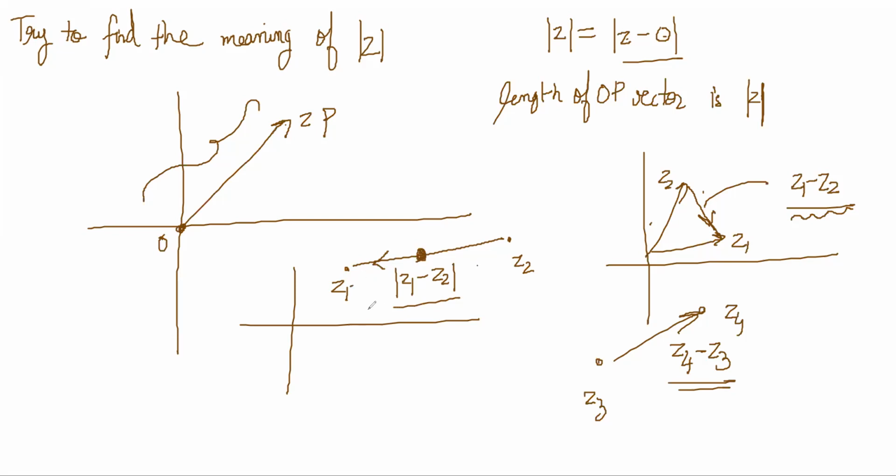So this line segment is called z1 minus z2, and its length is mod of z1 minus z2. So now what you are able to represent is distances on the complex plane using modulus.